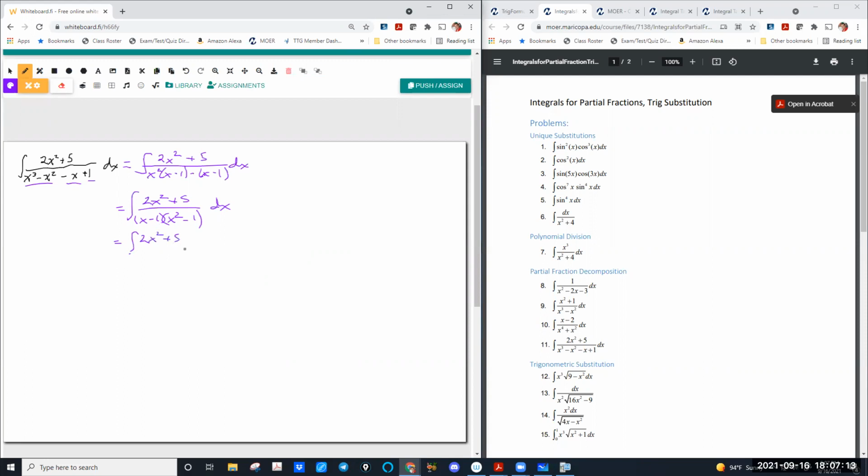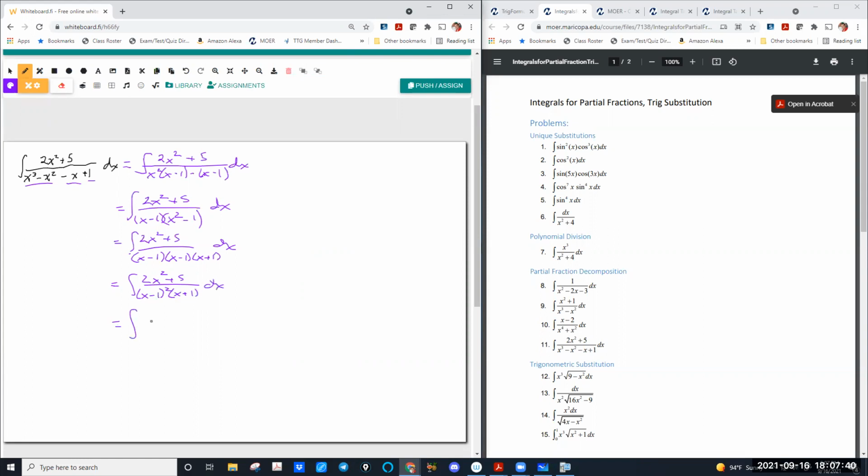This is a difference of squares. It factors into x minus 1, x plus 1. So we don't have an irreducible quadratic, but we do have a repeated factor. So when all is said and done, we have 2x squared plus 5 over x minus 1 squared, x plus 1 dx.